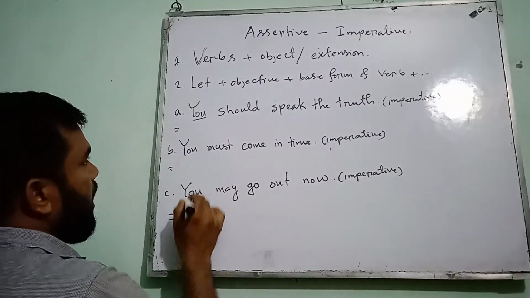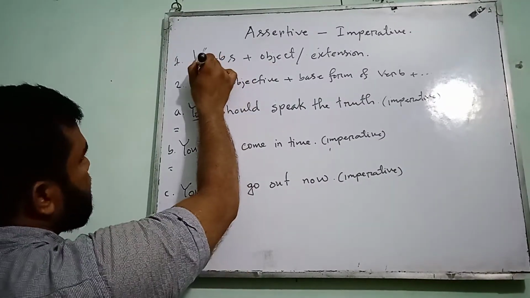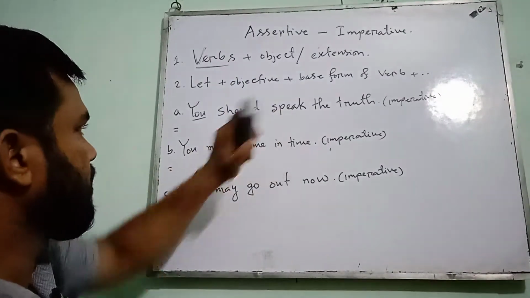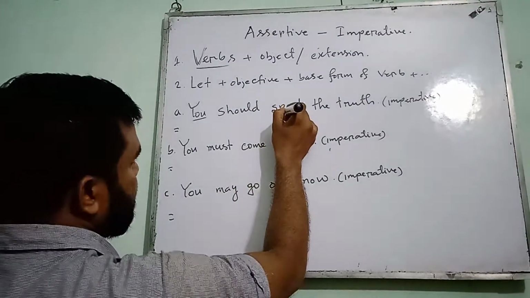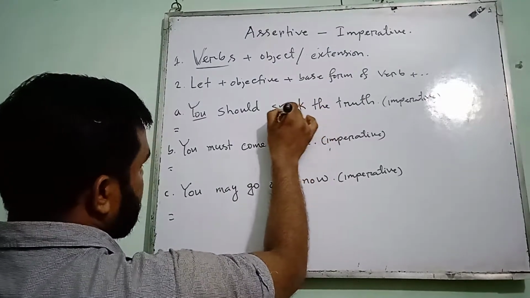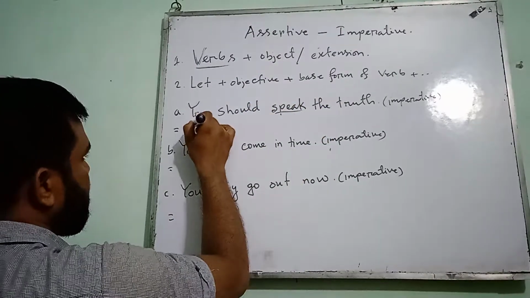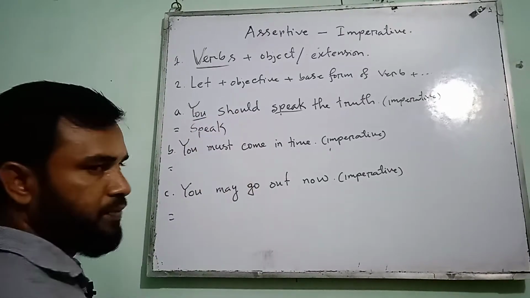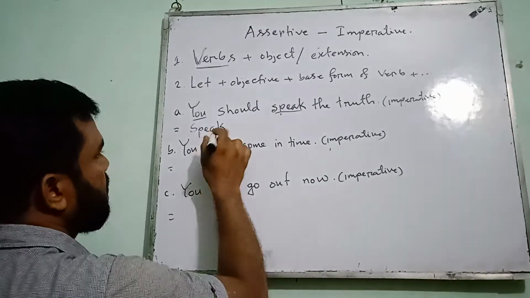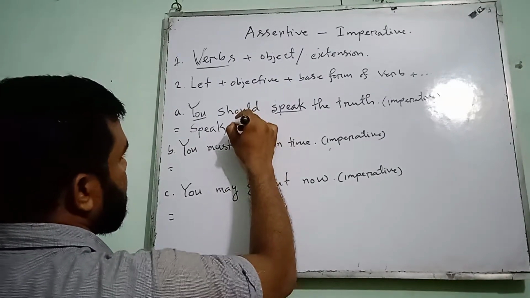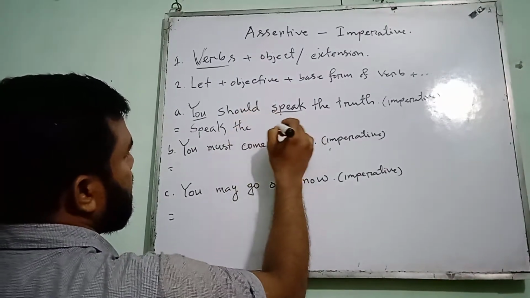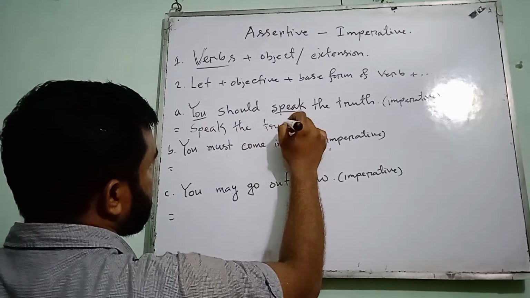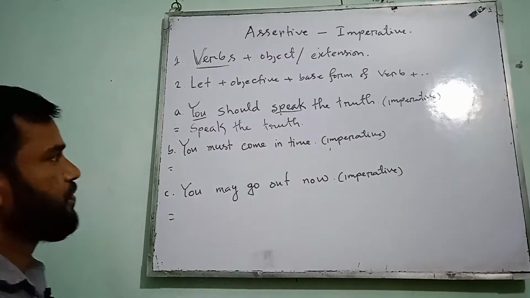So at the beginning we have to write the verb of the assertive sentence. Here the verb is speak. Speak is the verb of this assertive sentence. We have to begin with the verb. So speak the truth, and full stop.